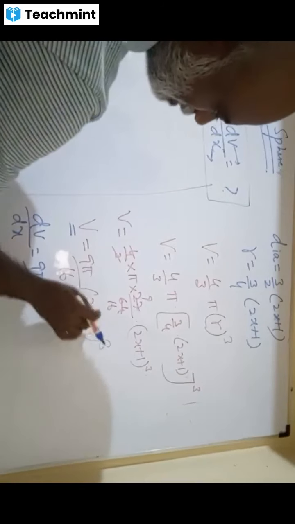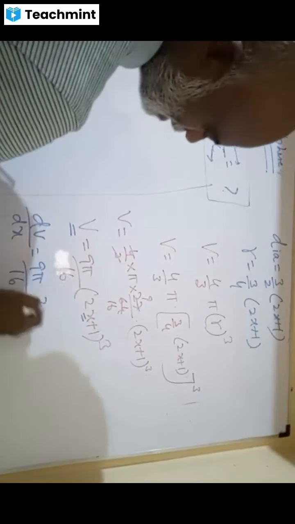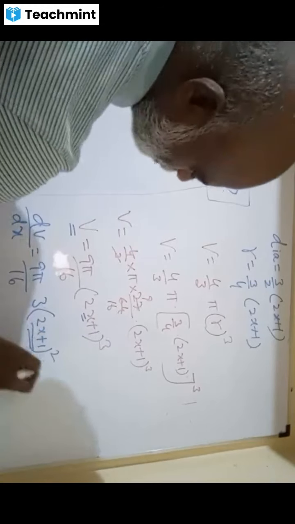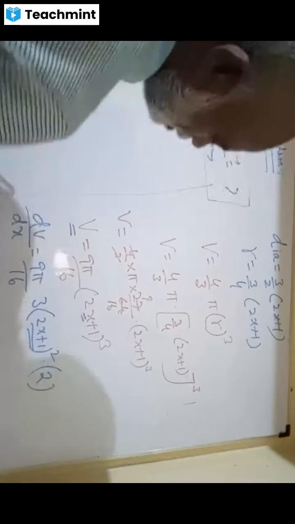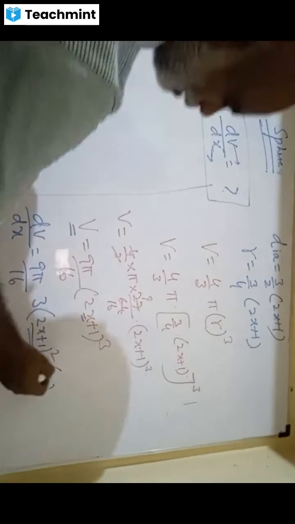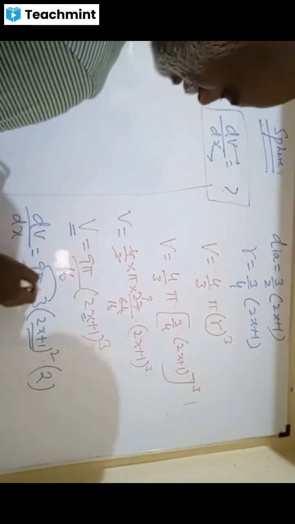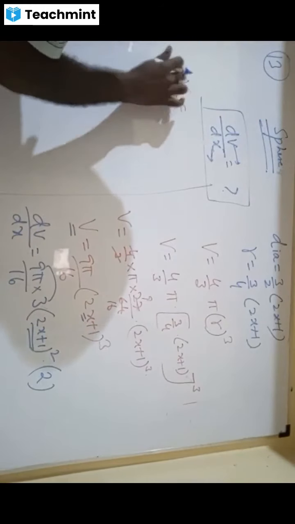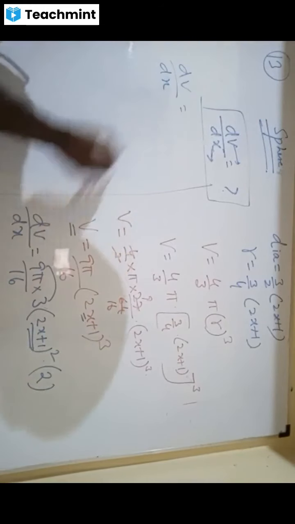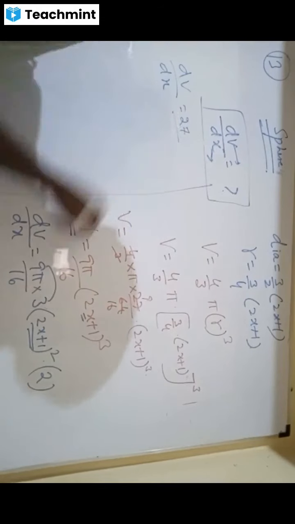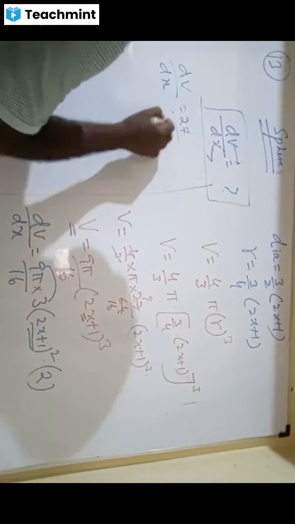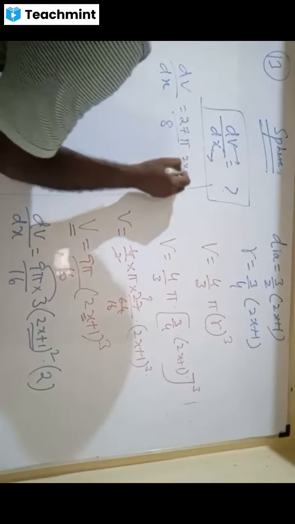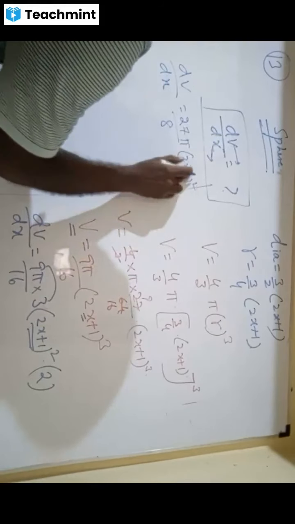This is the x cube model, so it is a 3x square. And differentiation of 2x plus 1 is 2. That's all, 2 cut panna, it become 27. So dv by dx is equals to 27 by the 2 cut panna, you get 8, pi into 2x plus 1 the whole square.